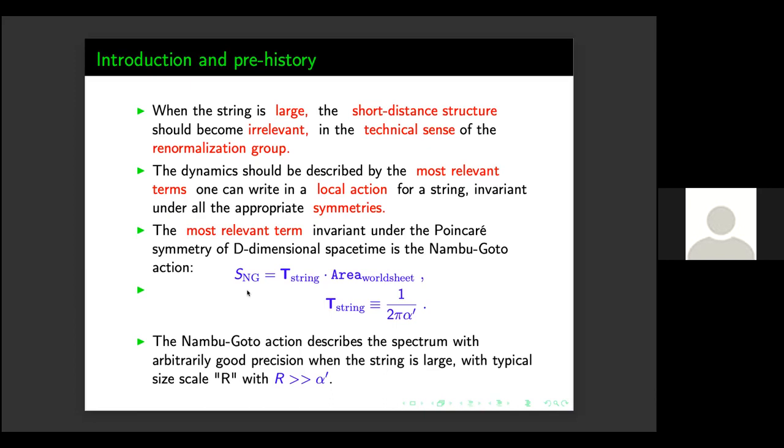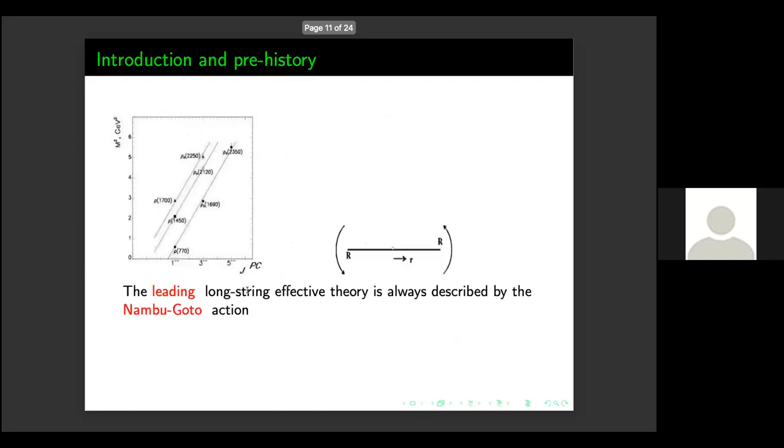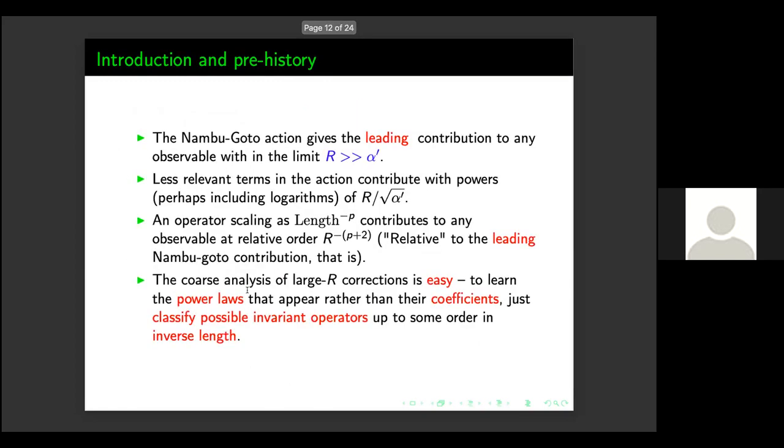So the Nambu-Goto action describes the spectrum with arbitrarily good precision when the string is large, with typical scale much greater than root alpha prime. It describes the leading contribution to any observable in the limit r much greater than root alpha prime. Less relevant terms in the action contribute with negative powers of root alpha prime.